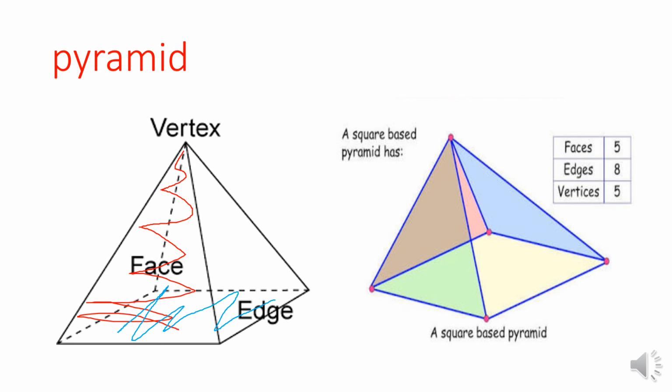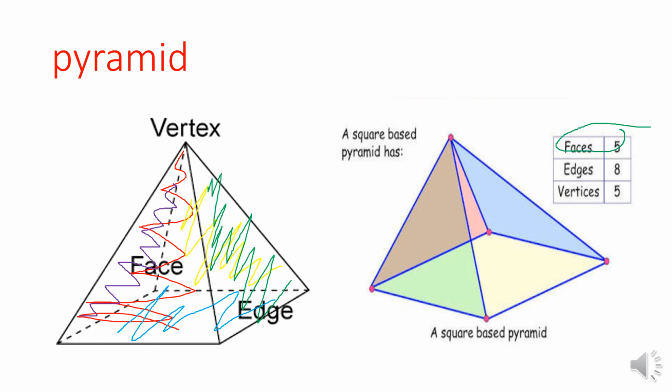And here I have in the back face number 3. Here I have face number 4. And last I have here face number 5. So there are 5 faces in the pyramid.